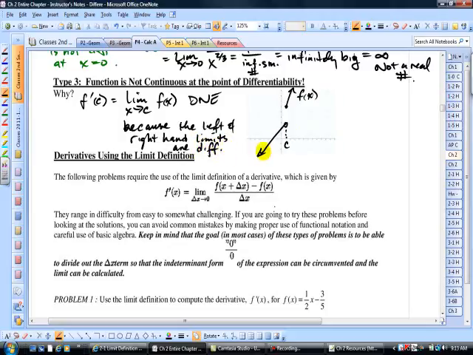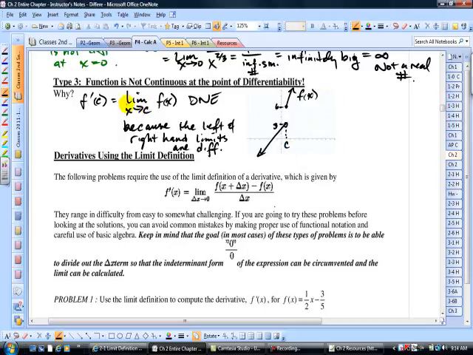Okay, it looks like here the left hand limit is approximately 1, 2, it's around 3, and the right hand limit, it's like 3, 4, 5, 6, it's around 6. So if this is 6 and this is 3 right here, the left hand limit's 3 and the right hand limit's 6. They're obviously different, therefore the limit doesn't exist at that particular point at c.